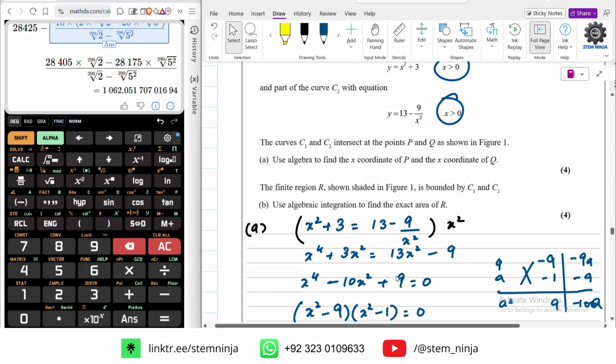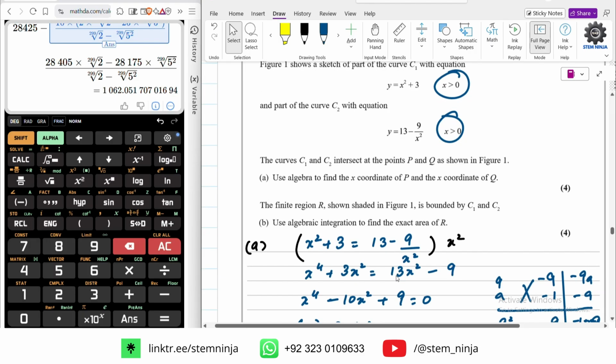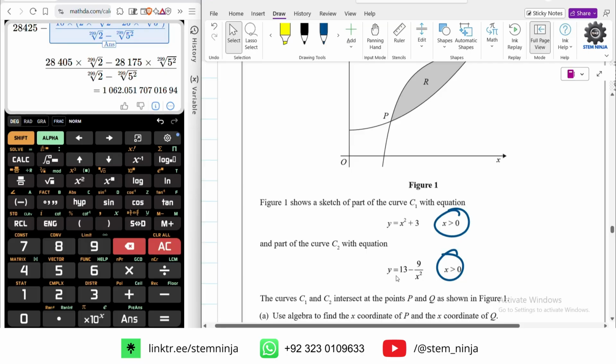Right, okay. The finite region R, shown shaded in figure 1, is bounded by C1 and C2. Use algebraic integration to find the exact area of R.